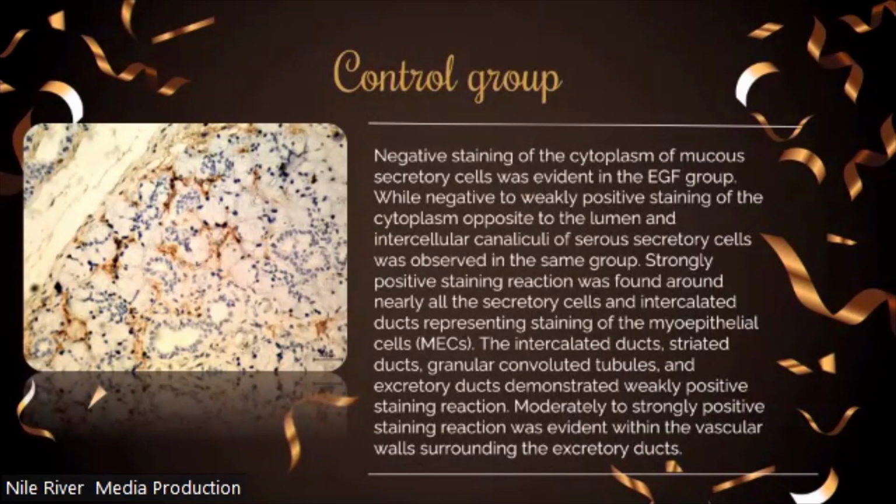Strongly positive staining reaction was found around nearly all the secretory cells and intercalated duct, representing the staining of myoepithelial cells. Intercalated ducts, striated ducts, granular convoluted tubules, and excretory ducts demonstrated weakly positive stains.